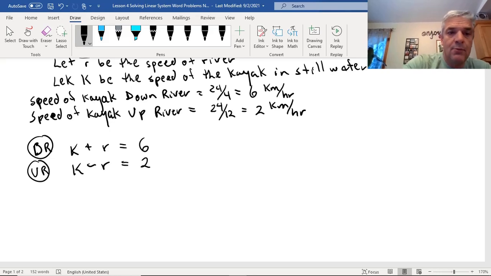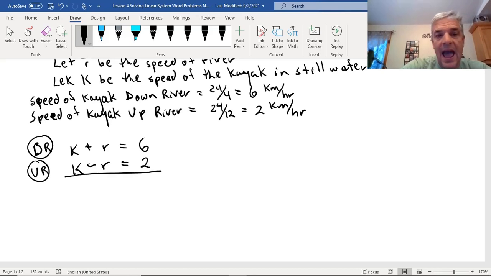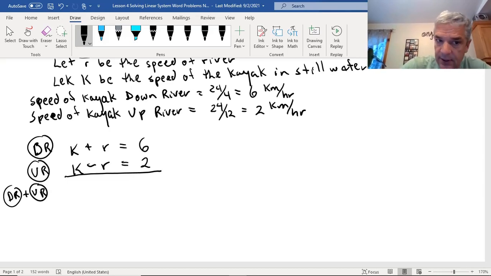And so now I'm going to add these two, because if I add them, I'm going to eliminate the speed of the river, and I'm going to be able to find the speed of my kayak in still water, which is really cool. So I say DR plus UR, okay? And these namings can be different. I just like to use these because it helps me understand what's happening here.